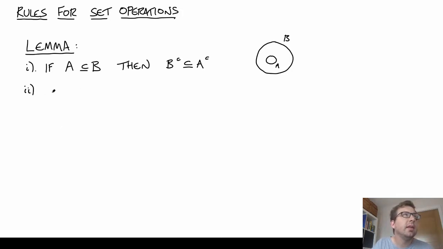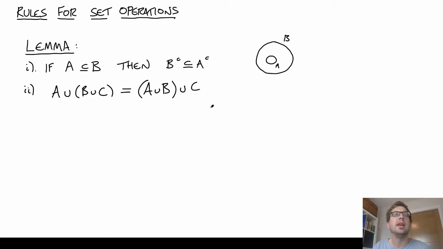One thing to say, which I think I mentioned before, is that unions and intersections both have this property that it doesn't matter how we bracket them. So if I do B union C and then union with A, that's the same as A union B and then we union with C. In other words, it doesn't matter how we go about combining unions together.